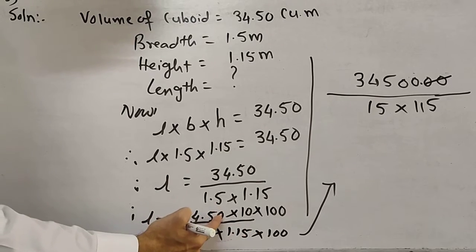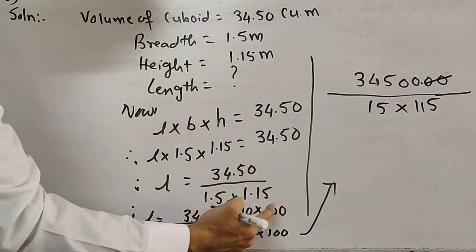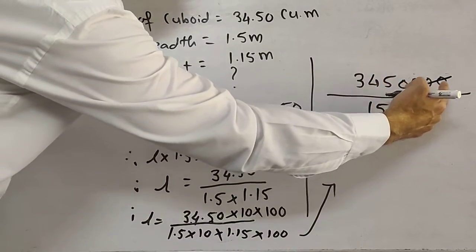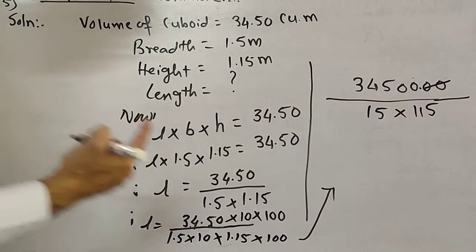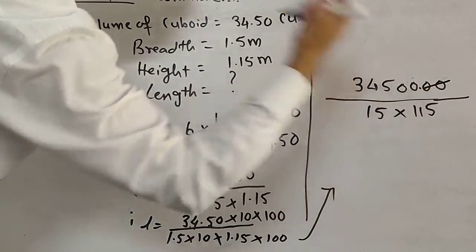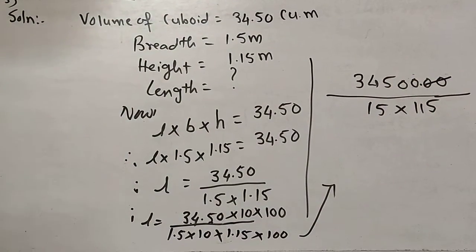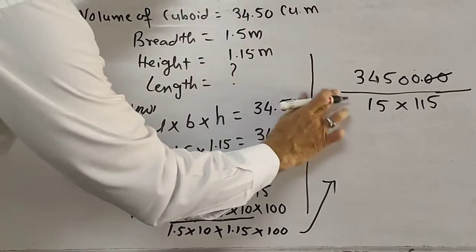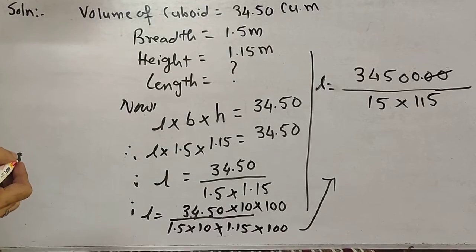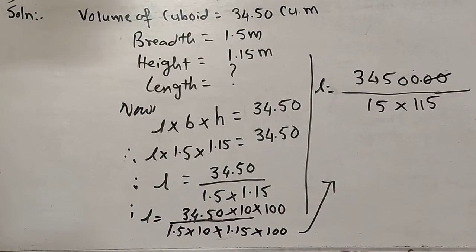How many zeros are there? 1, 2, 3, 4. After the decimal point there are 2 digits, so leave two numbers from the back side and put the point. So here now you got it. Length is equal to 34500 upon 15 into 115.